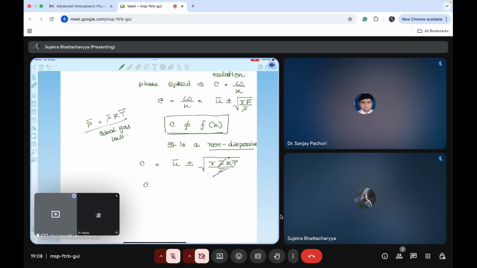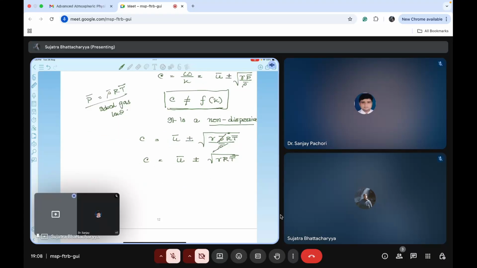So what you get is C equal to u bar plus or minus root over gamma R T bar. And if you put in several values here, you will get it nearly equal to some 340, something like this. The speed of sound.